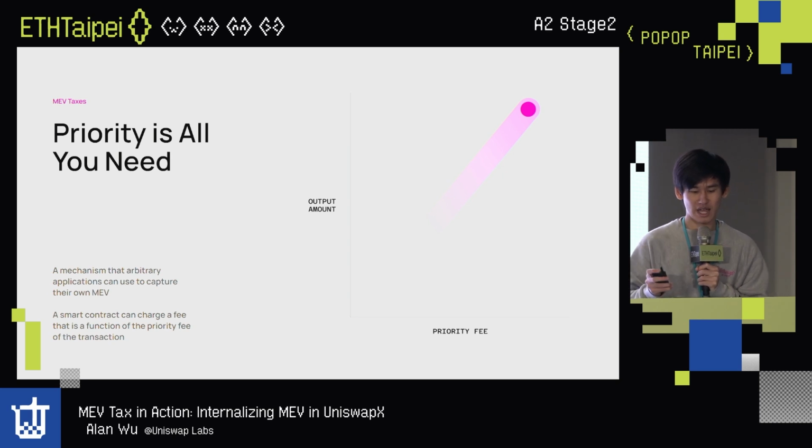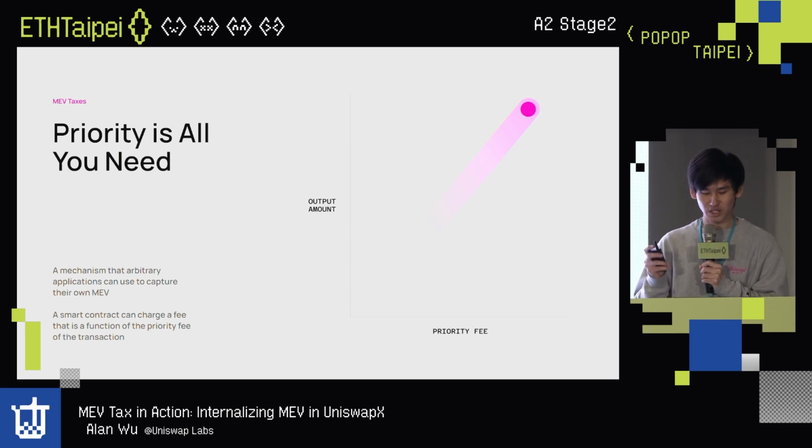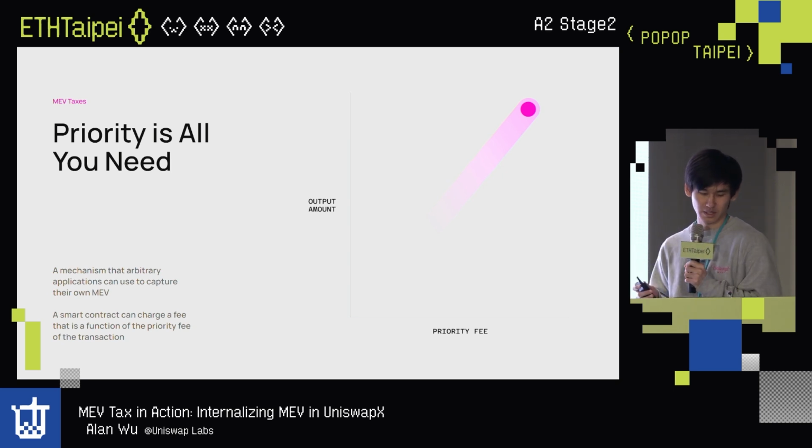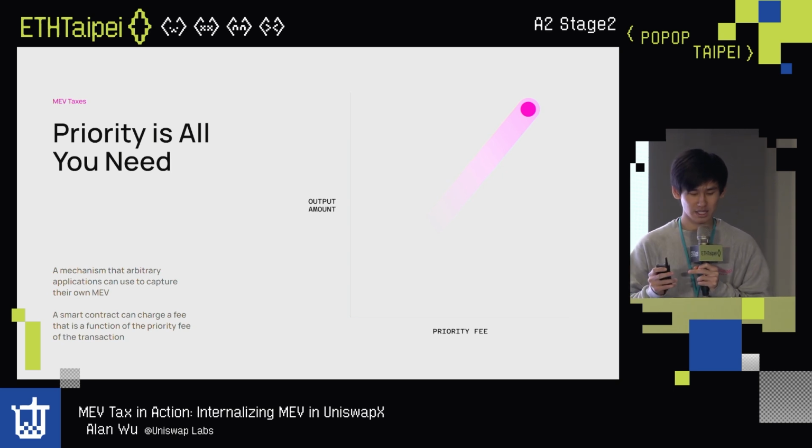And so a smart contract can charge a fee that's a function of the priority fee of the transaction. So in the context of UniswapX, the contract is going to charge a fee in the form of an extra output to the swapper and give that output to the swapper. So as a filler's transaction increases in priority fee, the smart contract will force them to pay the swapper more output.